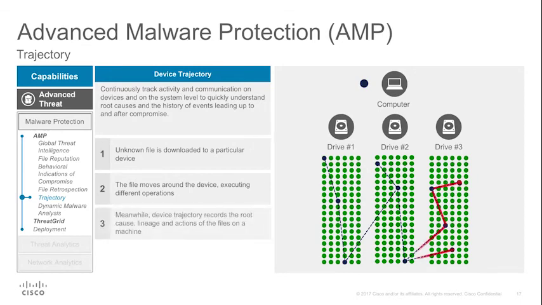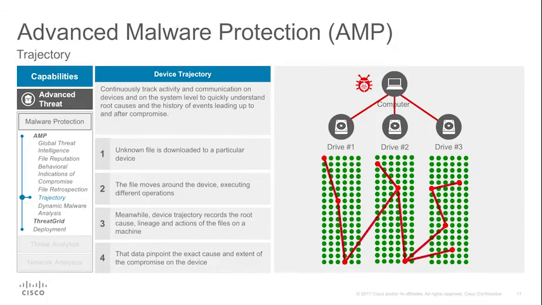Today's malware is dynamic and can enter a network or endpoint through a variety of attack vectors, and once executed on an intended target, typically performs a number of malicious, seemingly benign activities, including downloading additional malware.